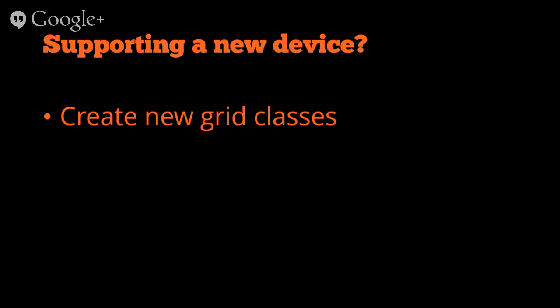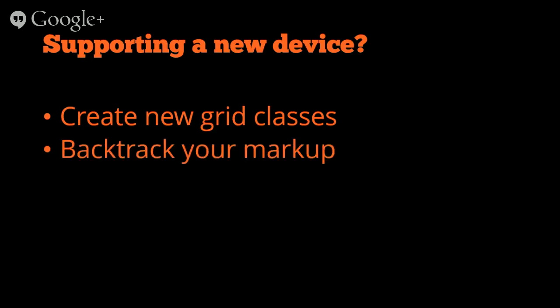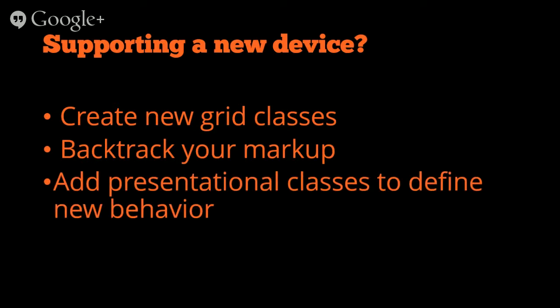So if you had to support that in an existing application with a grid from Bootstrap or Foundation or any of these generic grid systems, you would have to create an entire new grid system for that layout, and then backtrack into your markup and add additional classes into your markup to support this new layout. It seems like a lot of work, and it really shouldn't be this way. You should be able to achieve it by just using your CSS.